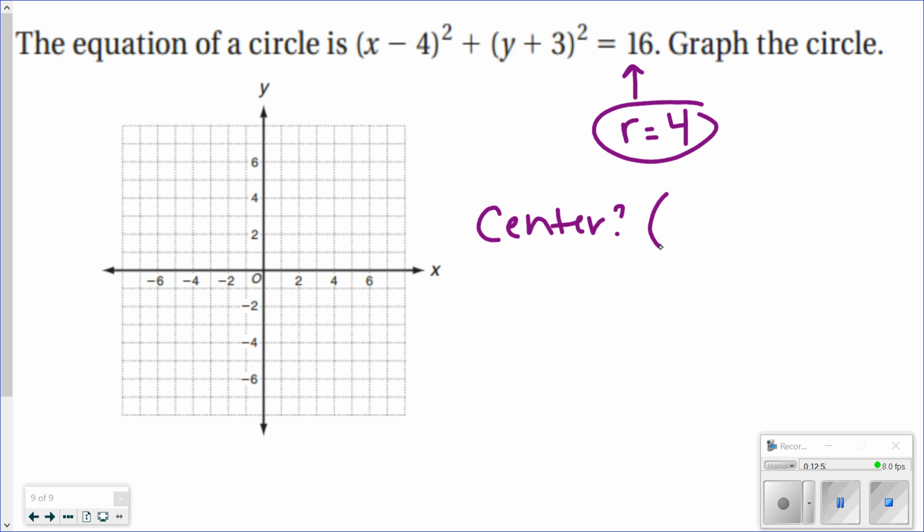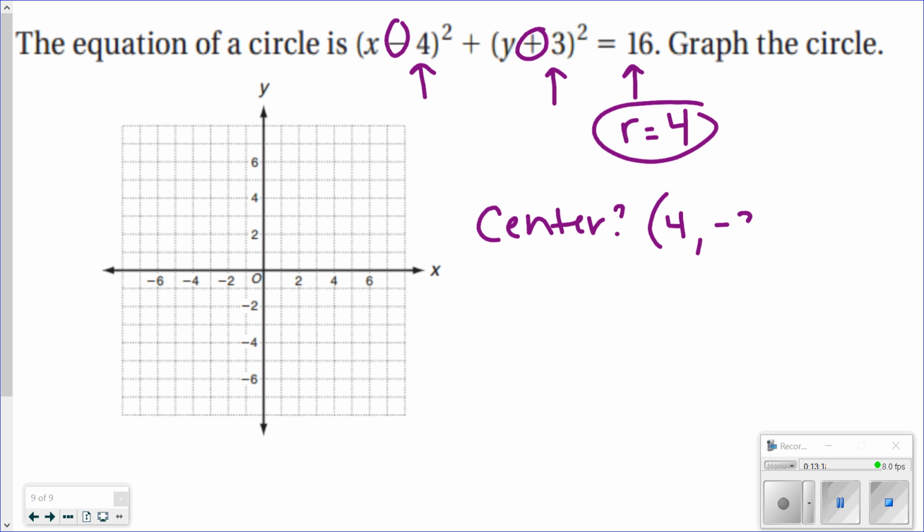What would be my h value? Well, if I look at my h here, I see that this negative sign is still negative, so that means h is positive, and it's positive 4. What is my k value for the center? Well, if I focus here, I notice that this is a positive. Normally it's a negative, which means that my k value is going to be negative.